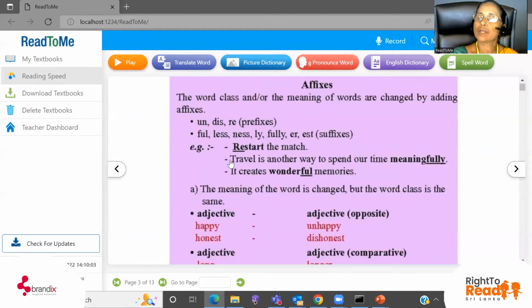Can you also read? Yes, read with the recording. Travel is another way to spend our time meaningfully. Third sentence: It creates wonderful memories.